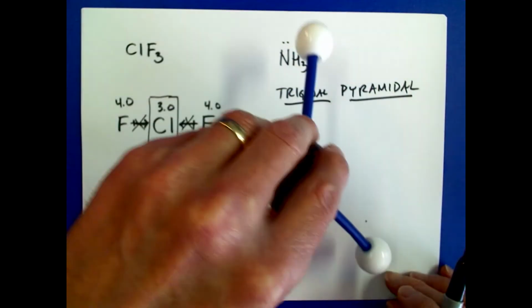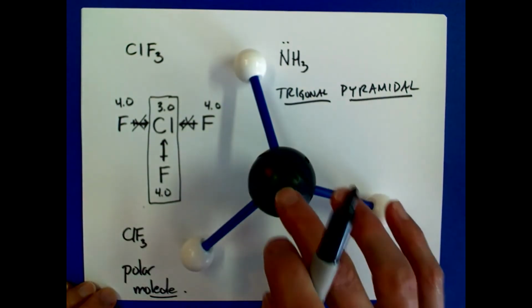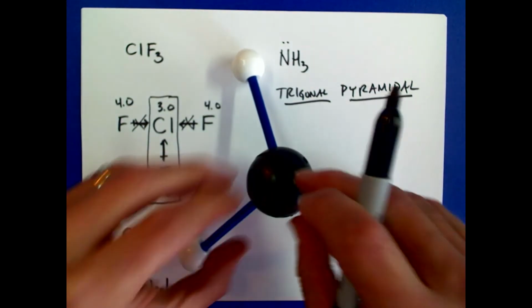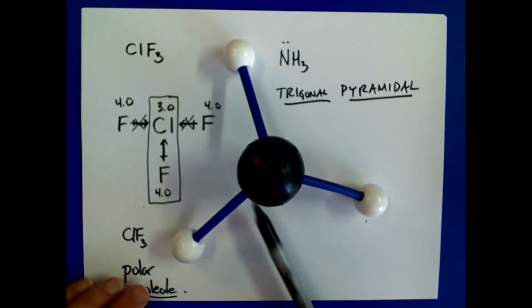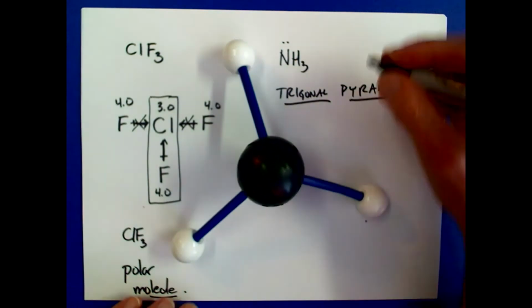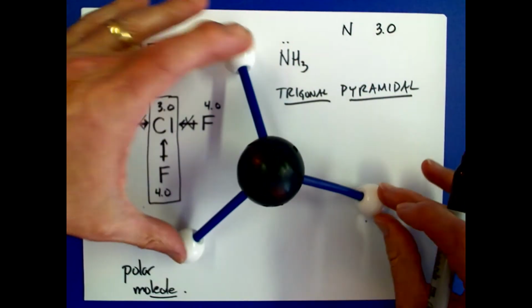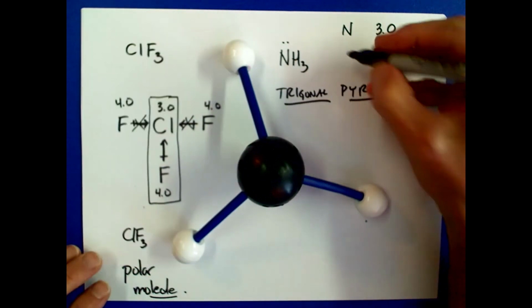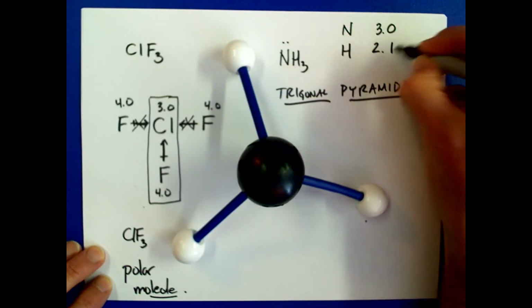And so in ammonia, we have a nitrogen atom that sits up at the apex of a pyramid. So this nitrogen atom is sitting up above the plane of the paper that I'm drawing on. And the nitrogen has an electronegativity of 3.0. In the plane of the paper, we have 3 hydrogen atoms, all of which have an electronegativity of 2.1.